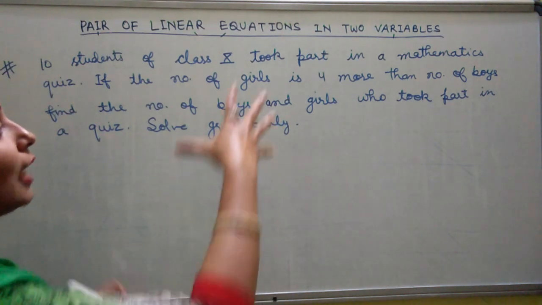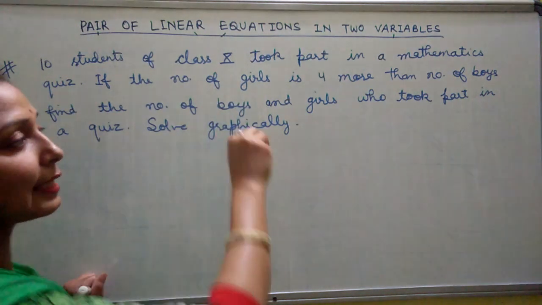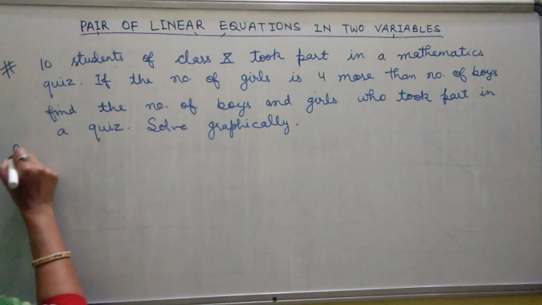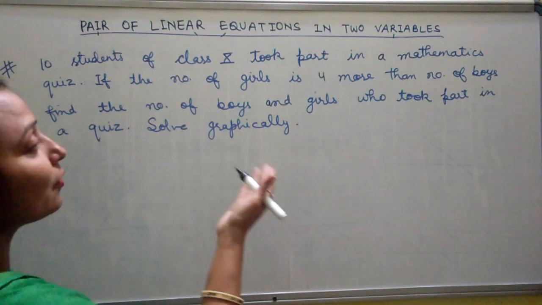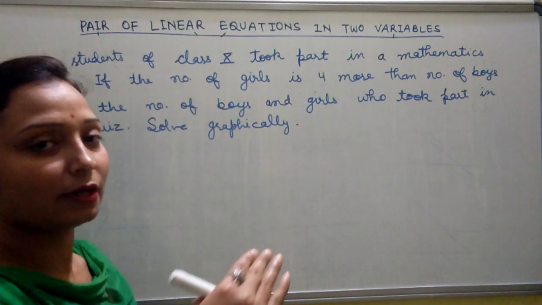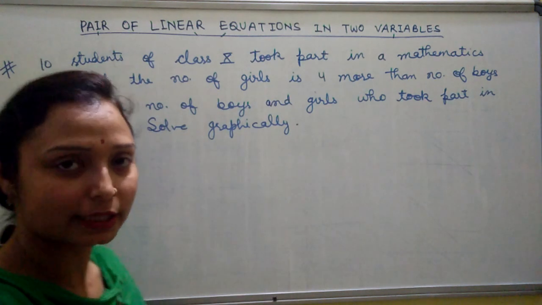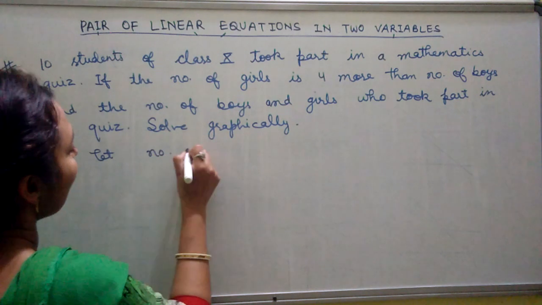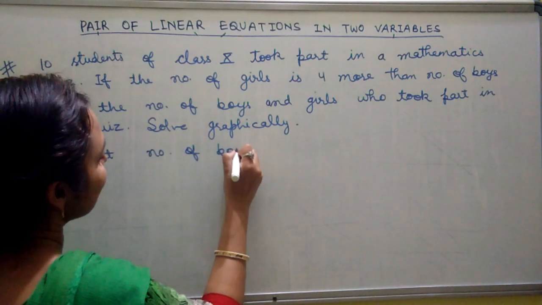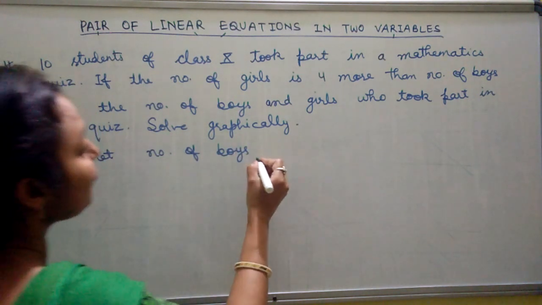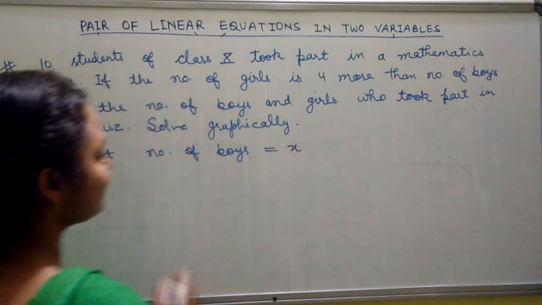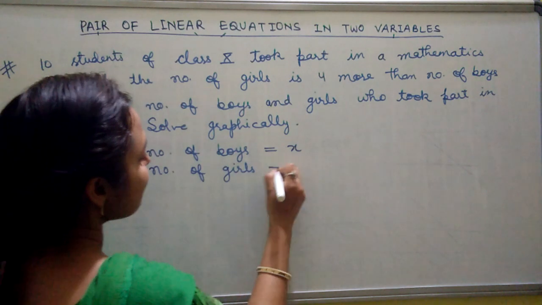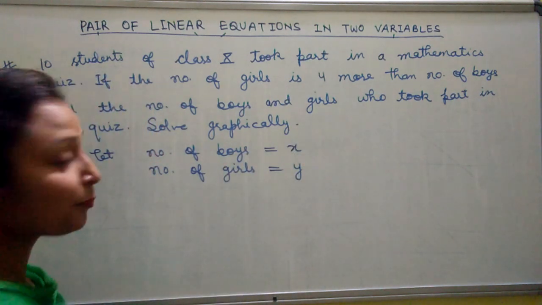So how do we convert this statement into the equation? First of all, taking variables for boys and girls. Let the number of boys be x, number of girls be y.